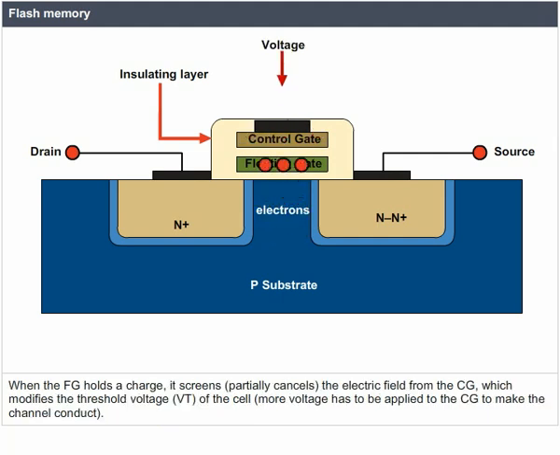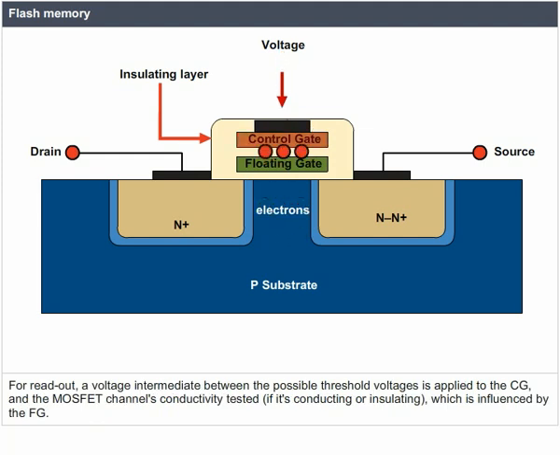When the FG holds a charge, it screens partially cancels the electrical field from the CG, which modifies the threshold voltage, VT, of the cell. More voltage has to be applied to the CG to make the channel conduct. For readout, a voltage intermediate between the possible threshold voltages is applied to the CG, and the MOSFET channel's conductivity is tested to see if it's conducting or insulating, which is influenced by the FG.